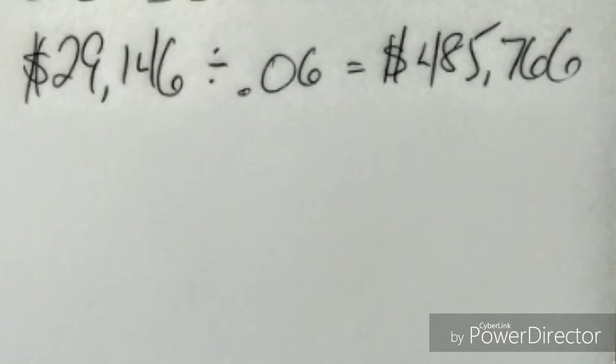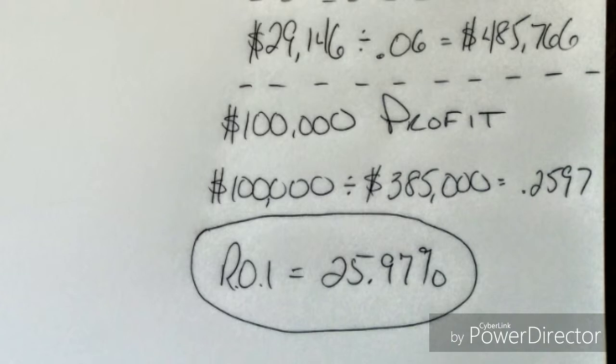What we do is we take the $29,146 for our net operating income, and we divide it by 0.06, and we get a sales price of $485,766. Now let's look at the profit. We basically have a $100,000 profit.